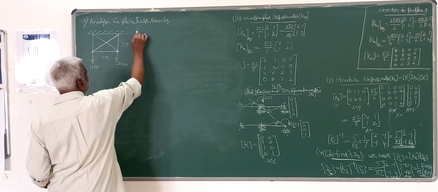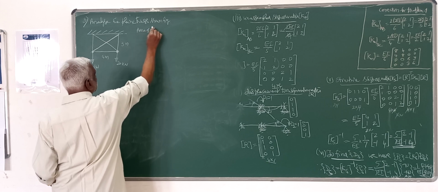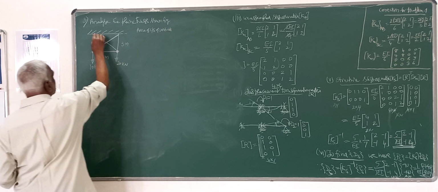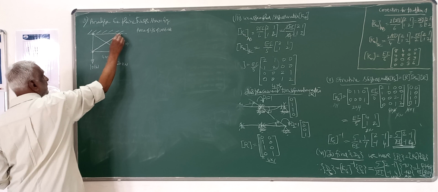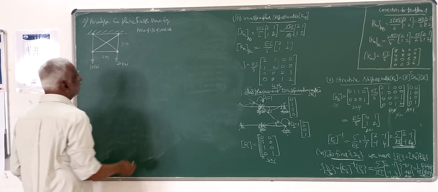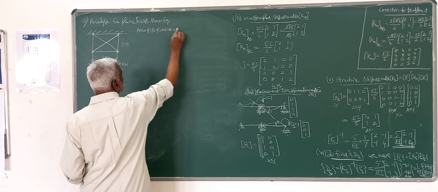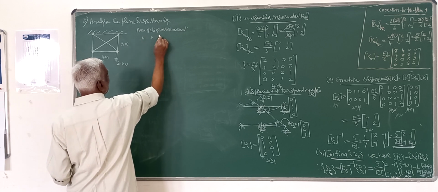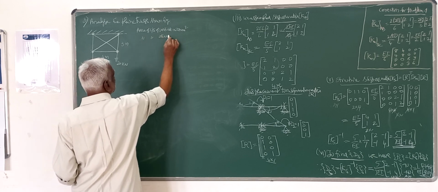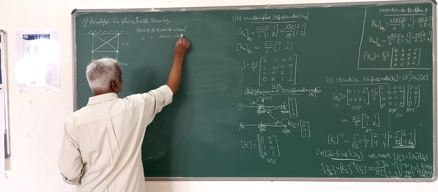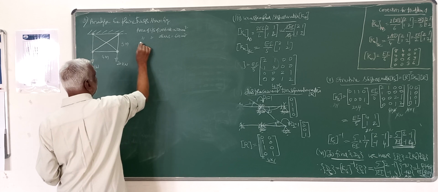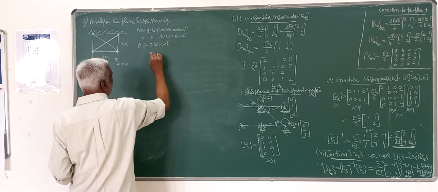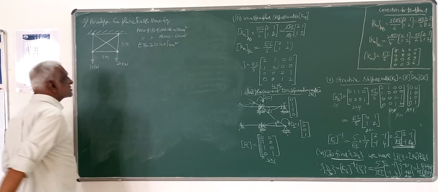And the area of cross section of the vertical members, that is this member as well as this member, these are the two vertical members, is 2000 millimeters square, and the area of cross section of the other members you can take as 600 millimeters square, and E, same as the previous problem, you can take as kilonewton per millimeter square.